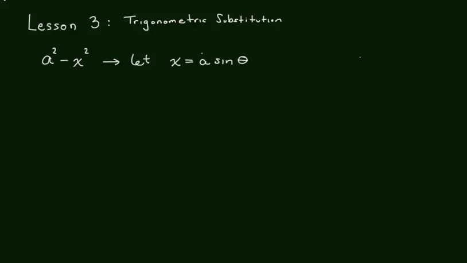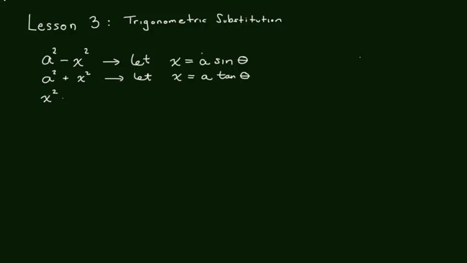Okay, if you see the expression a squared plus x squared, then you will let x equal a tangent of theta. So theta is just a temporary placeholder, and you'll see how that works momentarily here.